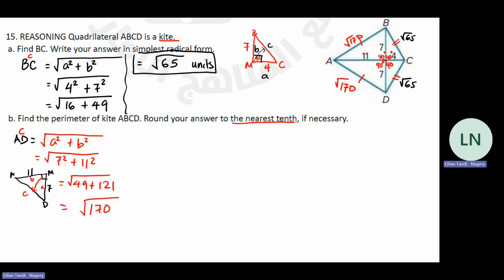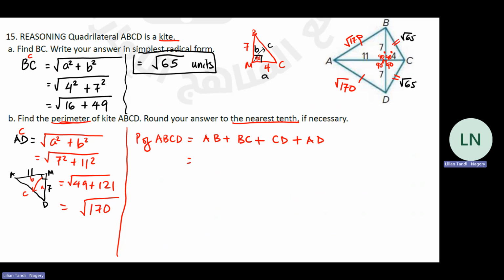But here the question has to be to the nearest tenth. So we have to have our answer as a decimal. So now we want to find who? Perimeter. So perimeter of ABCD means AB plus BC plus CD plus AD. Okay, add all your sides.